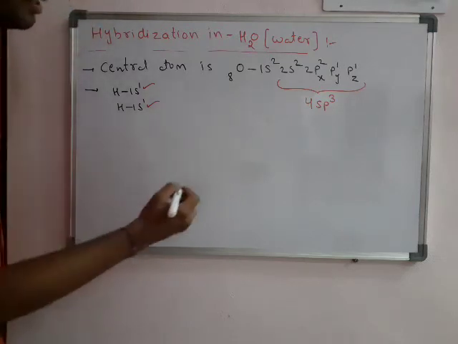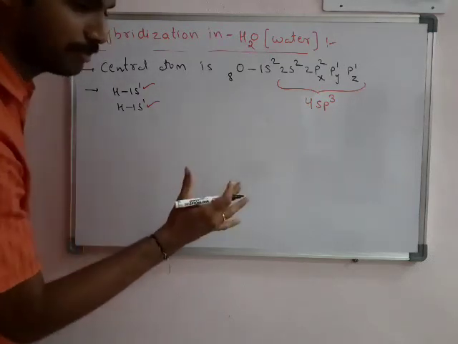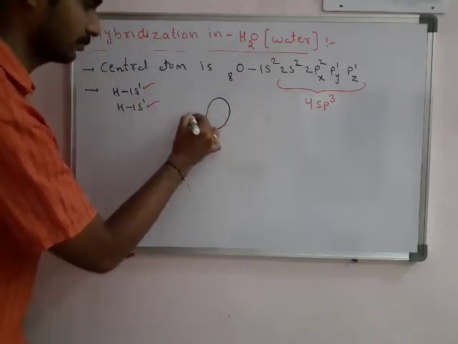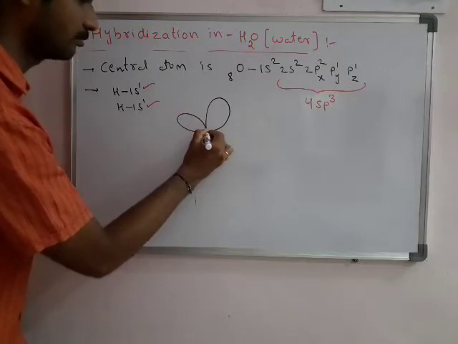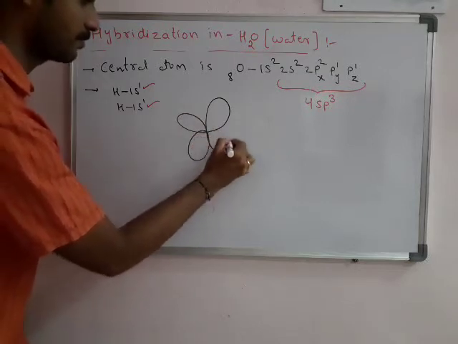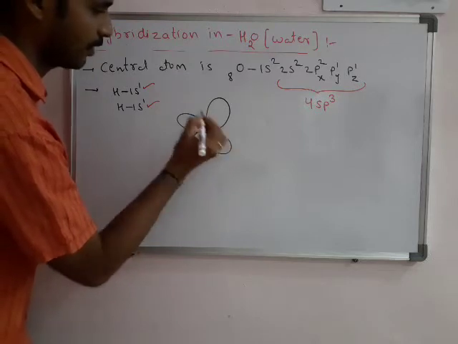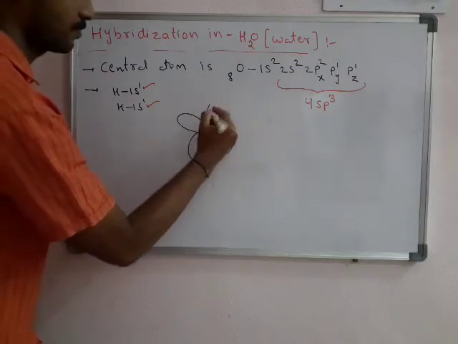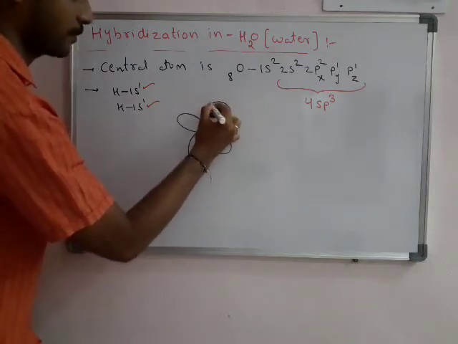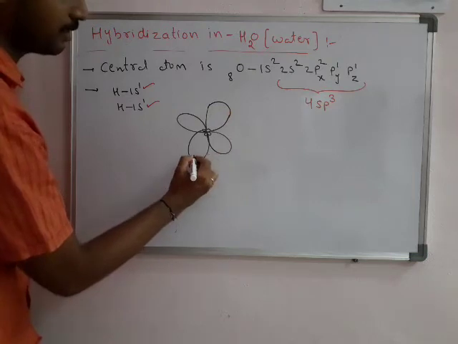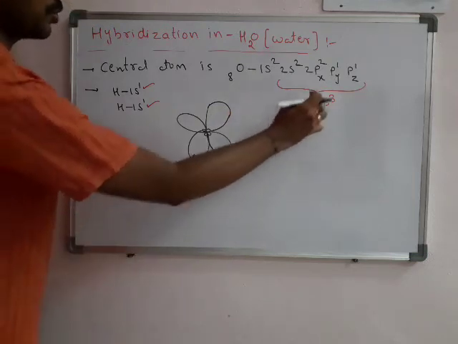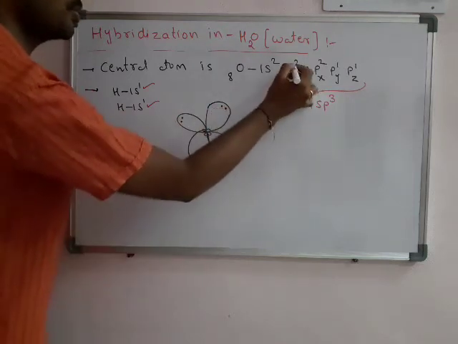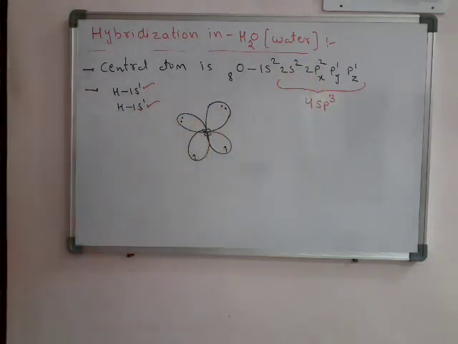Only 2 bonds are formed, that's why the tetrahedral shape changes direction. These are 4 sp3 hybrid orbitals. In these 4 sp3 hybrid orbitals, only 2 are containing unpaired electrons, other 2 are having pair of electrons.